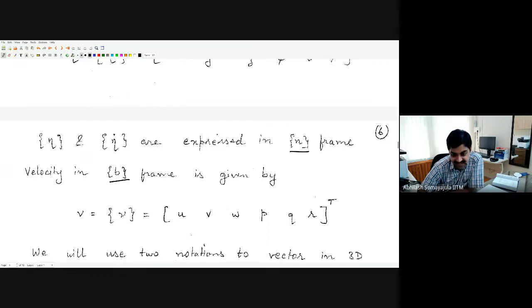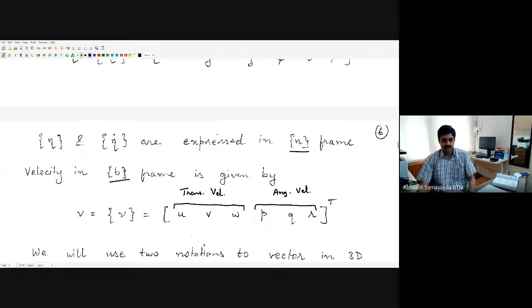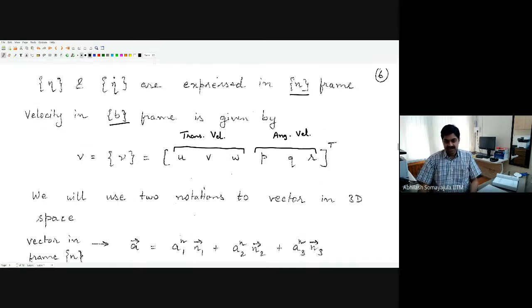The first three represent the translational velocity expressed in body frame B, and the last three represent the rotational or angular velocity expressed in the body fixed frame. Okay, is that clear for everyone?